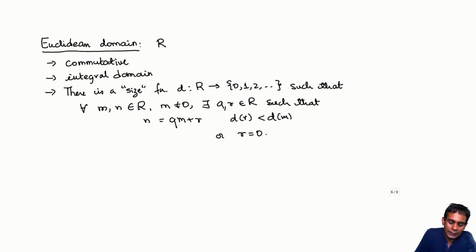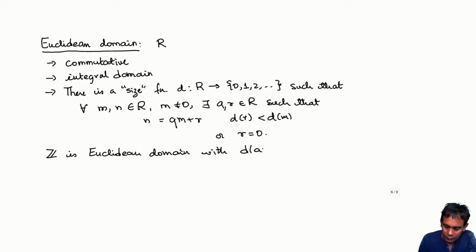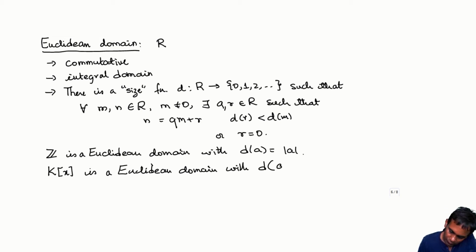So we've seen already two examples of Euclidean domains. Z is a Euclidean domain with size function just given by the absolute value, and the polynomial ring over a field is a Euclidean domain with the size function of a polynomial being just the degree of the polynomial.